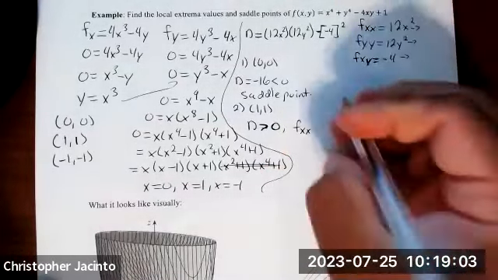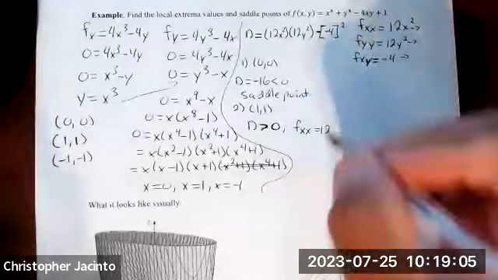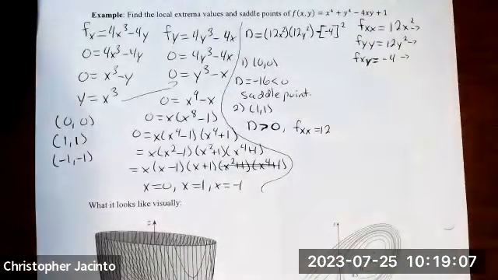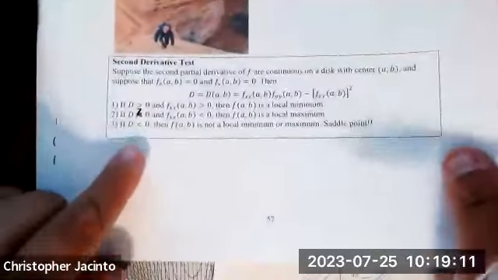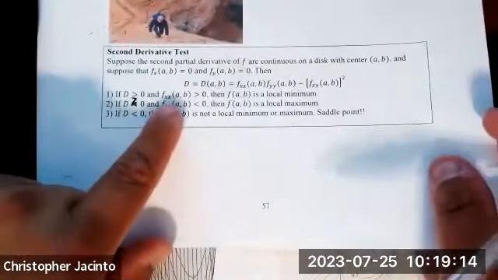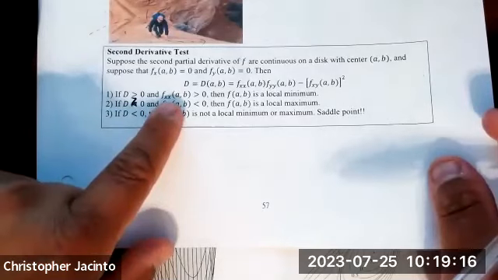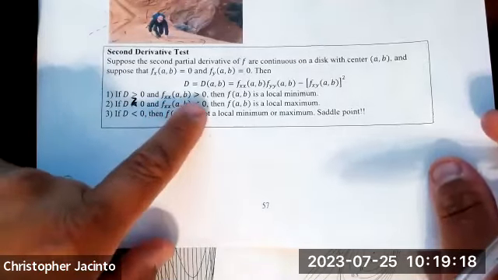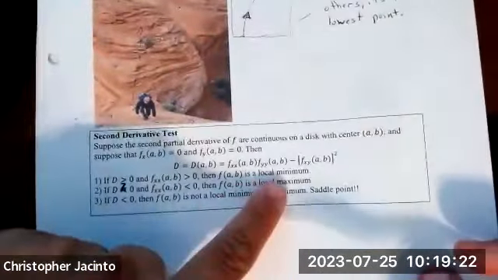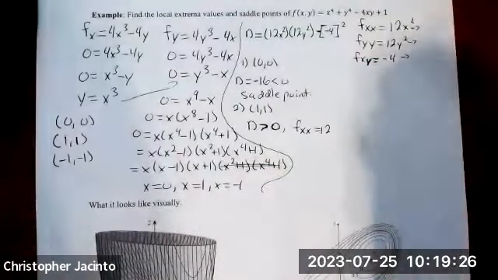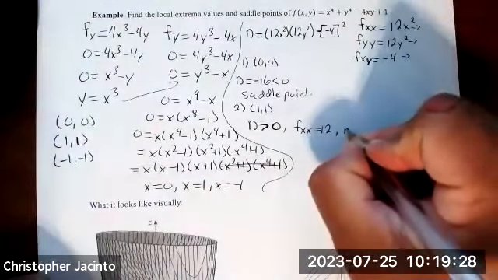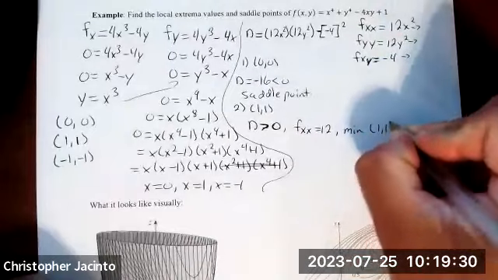So plug in 1, that gives me 12. Right. So again, b is positive, bigger than 0, so it's good. And we satisfy this. F, the second derivative, is greater than 0. So therefore, according to our definition, it is a local minimum. So this is a minimum value at the point 1, 1.